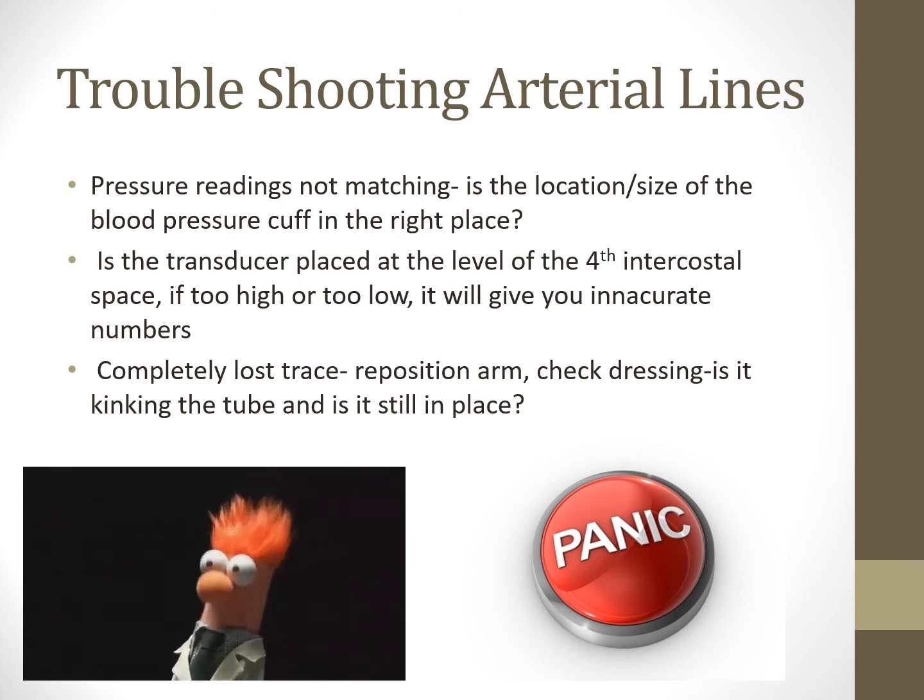If you have great grandma that's 4'8" and she's wearing a normal adult cuff that is too big for her body size, then it's going to read her as being hypotensive on the manual cuff because the cuff size is too big for her. So make sure you got the right size cuff on these patients.